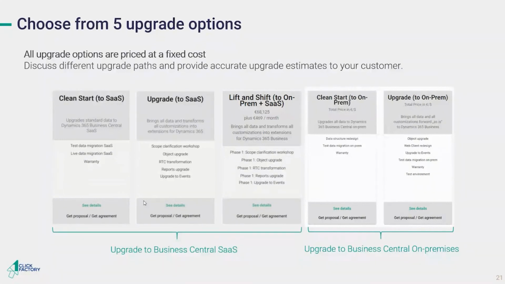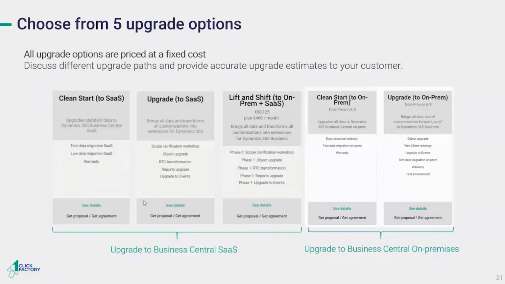You have very different options. Either you want a clean start, or you want an upgrade. Maybe you even need to adjust your IP somehow to fit it in the cloud. So there are a lot of different possibilities, and you can go both to SaaS and to on-premises.